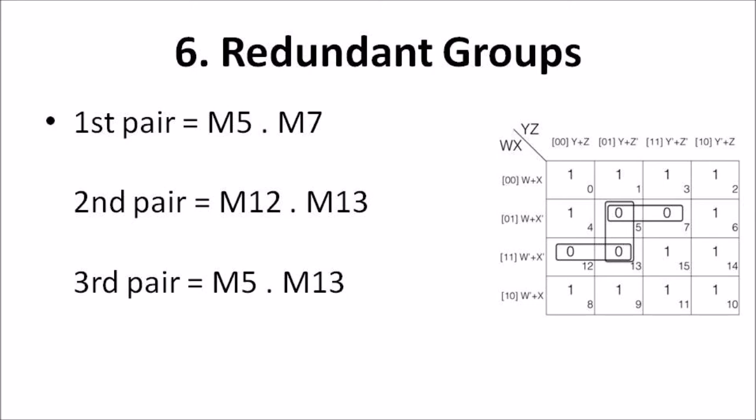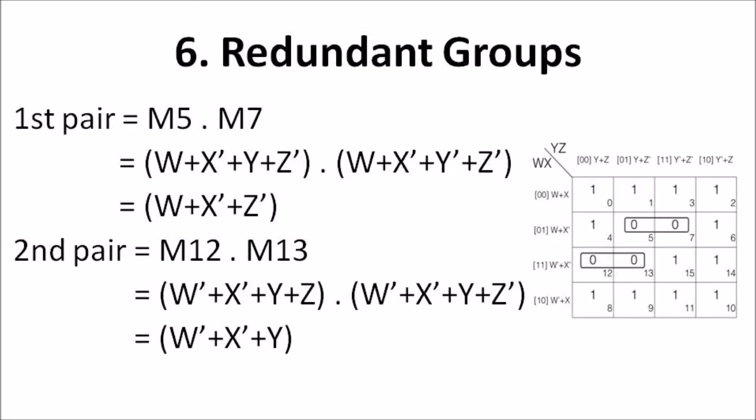Here if you look at M5 and M13, that is a third pair, it is a redundant group as M5 and M13 are already covered in the first and second pair. So we will remove the redundant group, that is the third pair, since these cells are already covered. If it is not yet covered, we can consider it. Since it is already covered in the first and second group, we should not consider the third group.